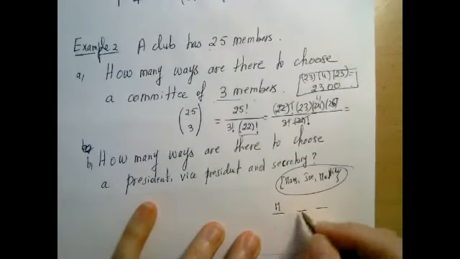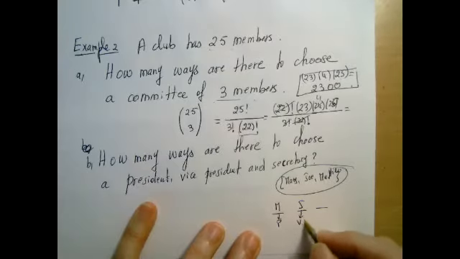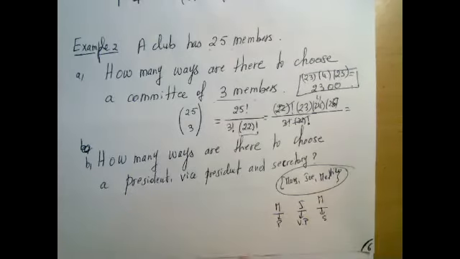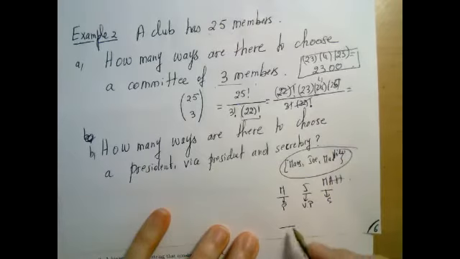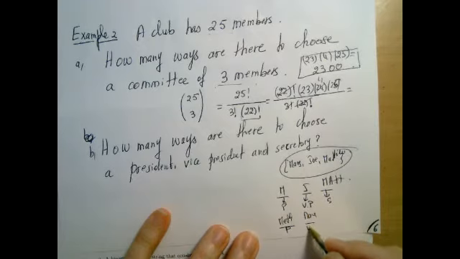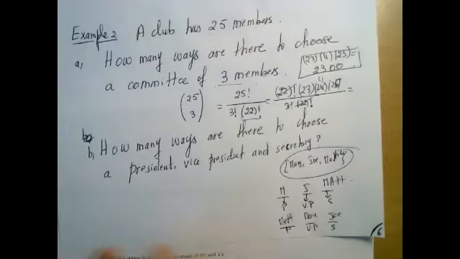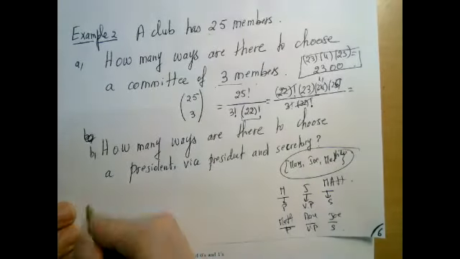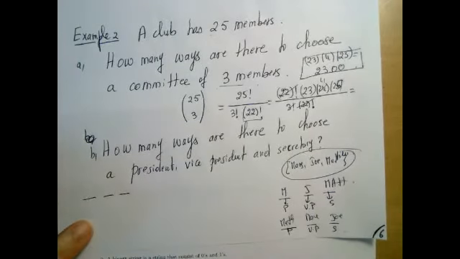So if I put Mary as president, Joe as vice president, and Matthew as secretary, that's very different than picking Matt as president, Mary as vice president, and Joe as secretary. So here, the order in which I'm picking my committee definitely matters.